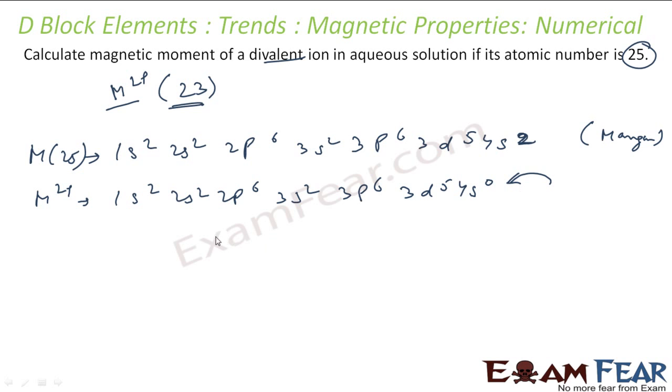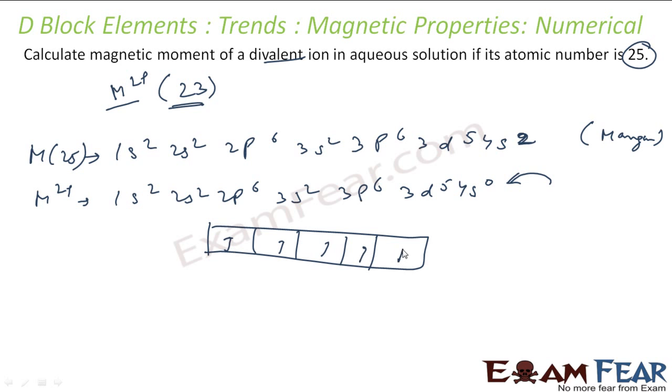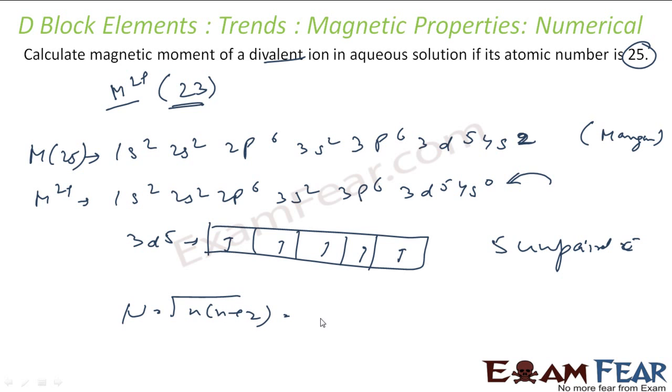So let's find the number of unpaired electrons. 3d5: 1, 2, 3, 4, 5. So this has 5 unpaired electrons. Since it has 5 unpaired electrons, the magnetic moment is root of n into n plus 2. Put the value as 5, that is root of 5 into 5 plus 2, that is 5 into 7, root 35. The value is 5.92 Bohr magneton.